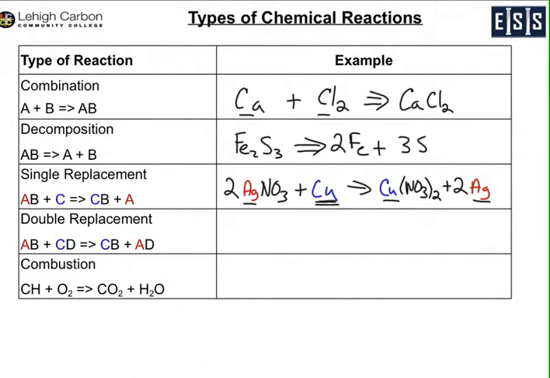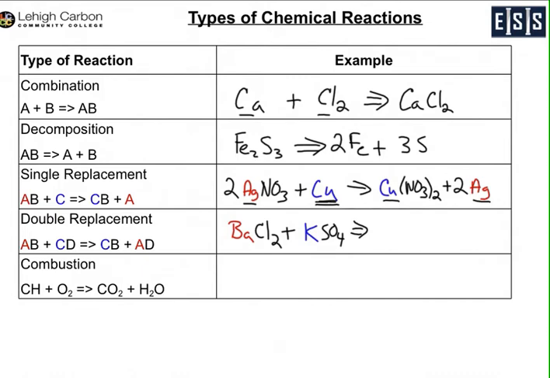In double replacement, it's a similar reaction, only now, for example, the copper up here would also be in a molecule by itself. So as an example here, I'm going to take barium chloride, which is BaCl2, and I'm going to react that with potassium sulfate, K2SO4.